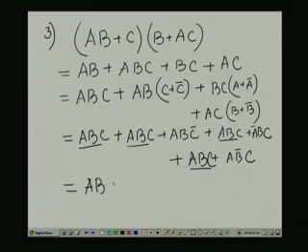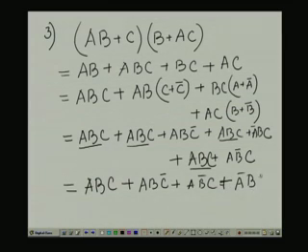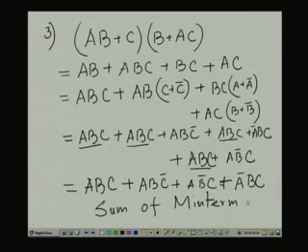So, again from the first postulate it becomes a b c and the remaining terms will be there: a b c bar plus a b bar c plus a bar b c. So, this is my sum of min terms, because this was a 3 variable function. So, these are the min terms, the sum of min terms.